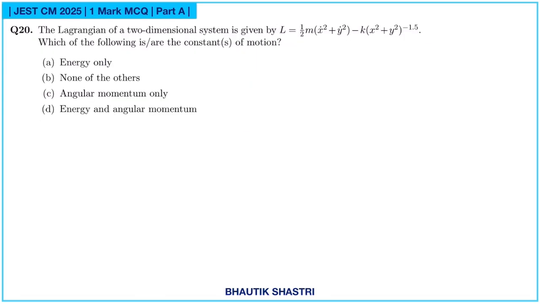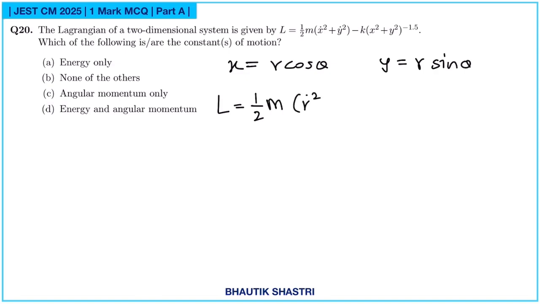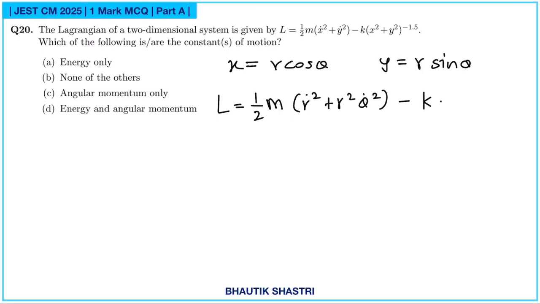Next question. The Lagrangian of a two-dimensional system is given by L. Which of the following are constants of motion? L is given. Let's write x is equal to r cos theta and y is equal to r sin theta. We will use polar coordinates in two dimensions. So L will be equal to half m times r dot square plus r square theta dot square, and this is k r square, so k raised to minus r raised to minus 3.